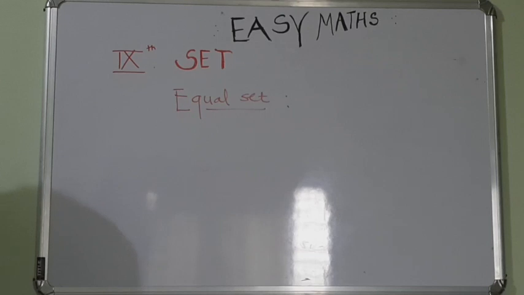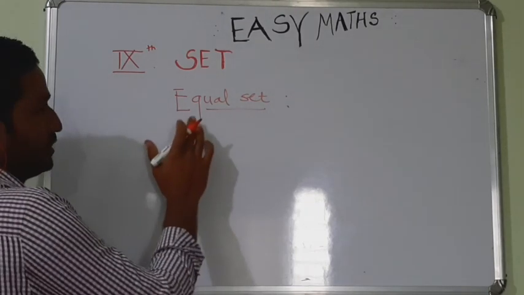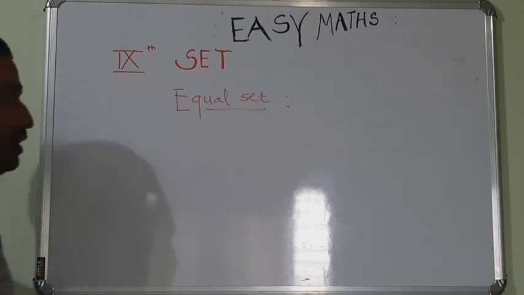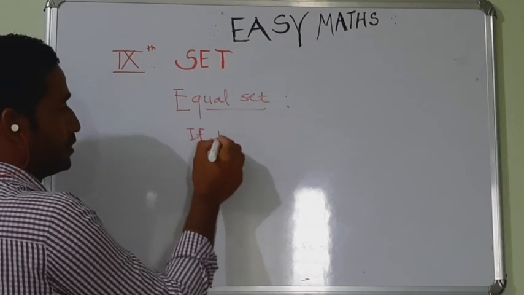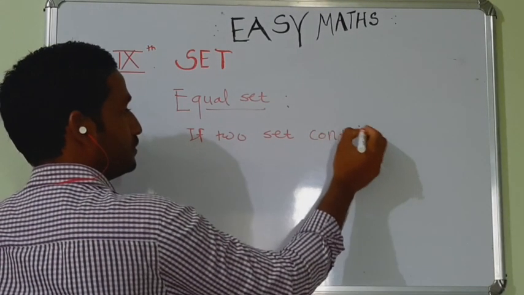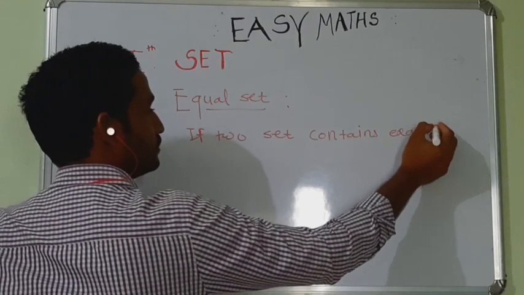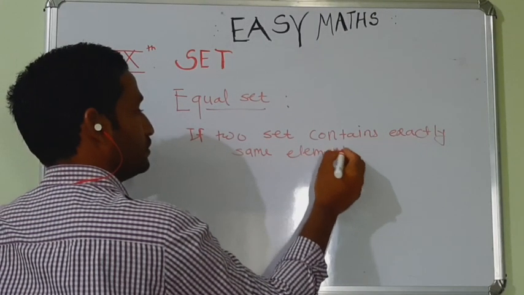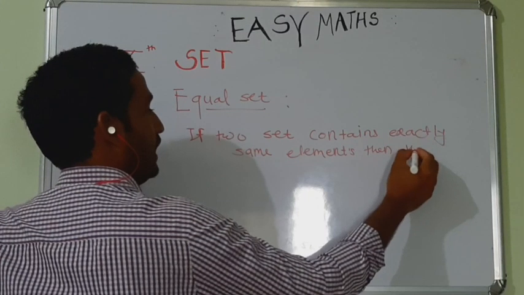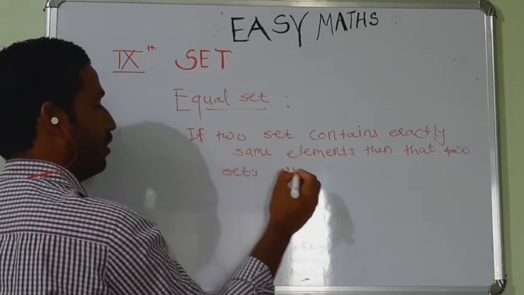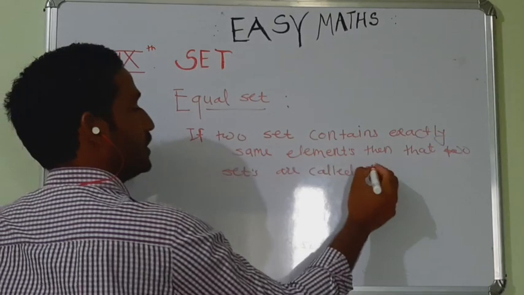If two sets contain exactly the same elements, then those sets are called equal sets.